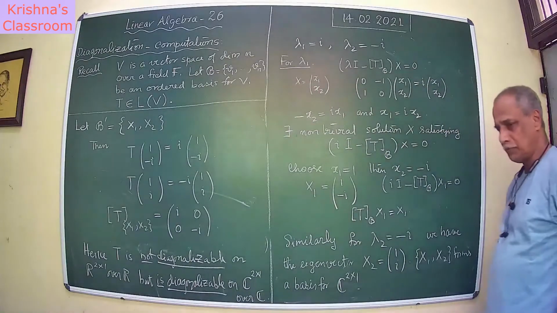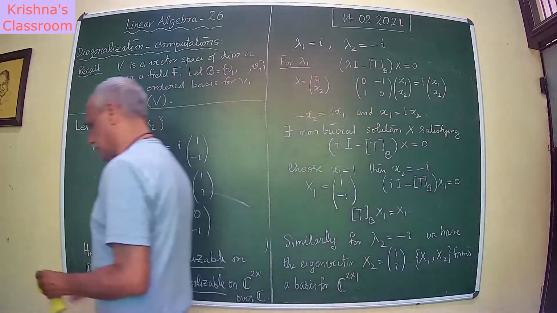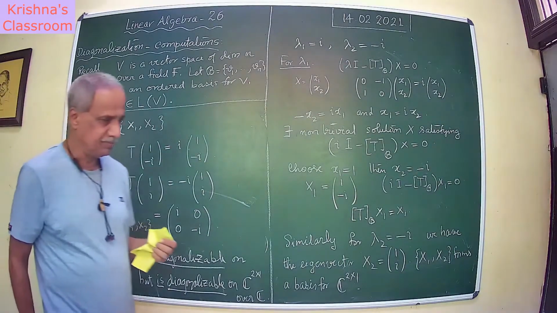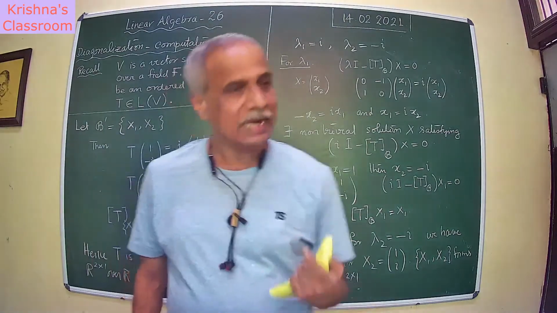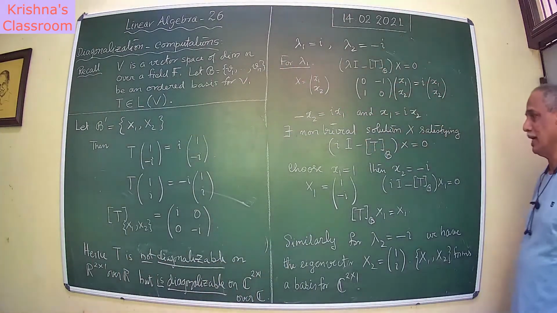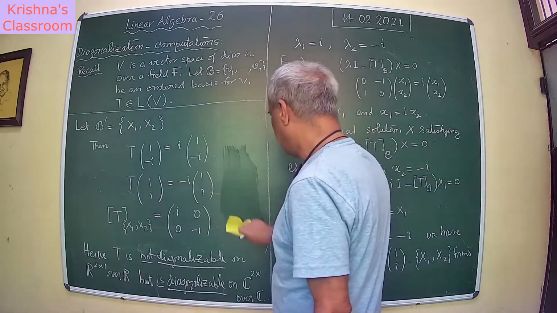So a lot of things are involved because this example gives a lot of insight. What is the insight that you get? First of all, the field may play a role because the existence of eigenvalues may depend on the field.